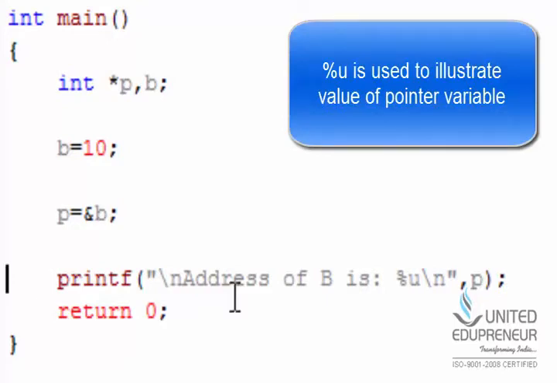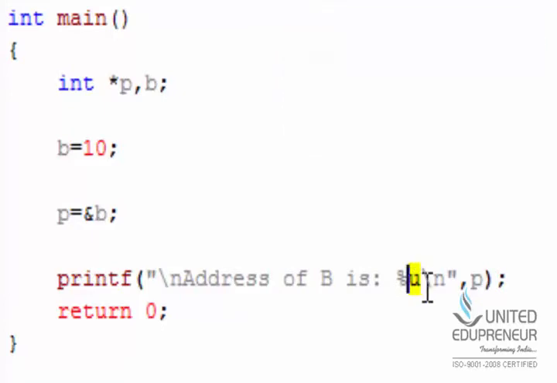When we want to show an integer, we write %d, or when displaying a string, we write %s. Likewise, to show a pointer variable, we write %u. So this is the complete program of accessing the address of a variable and storing it into a pointer variable.